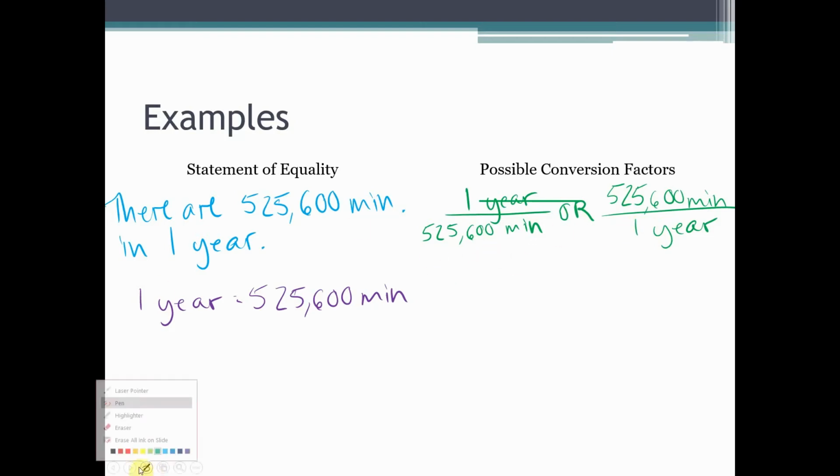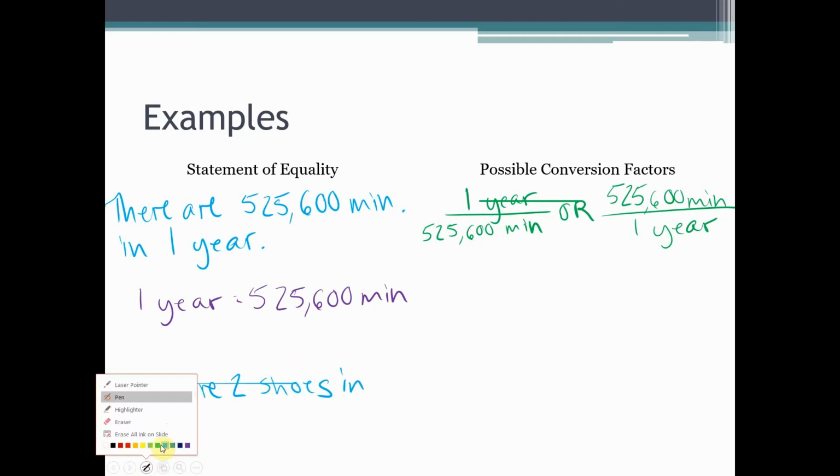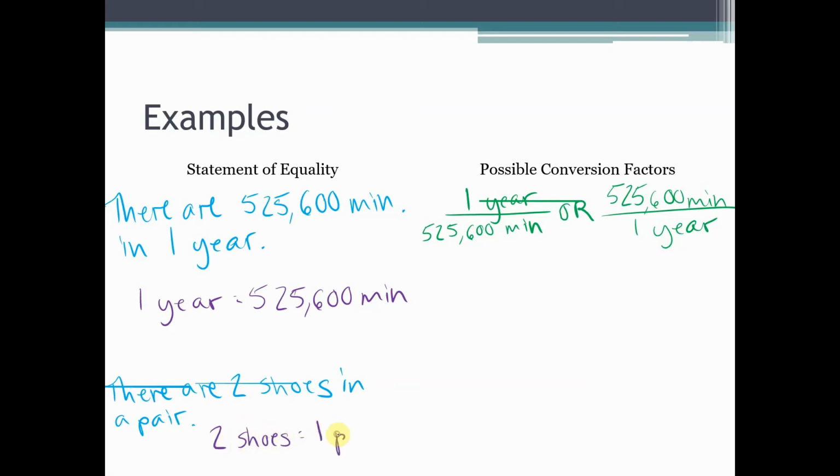A less elaborate number, something a little more familiar, we could also say there are 2 shoes in a pair. So if there are 2 shoes in a pair, our statement of equality written as a sentence, we could also write it as 2 shoes equals 1 pair.